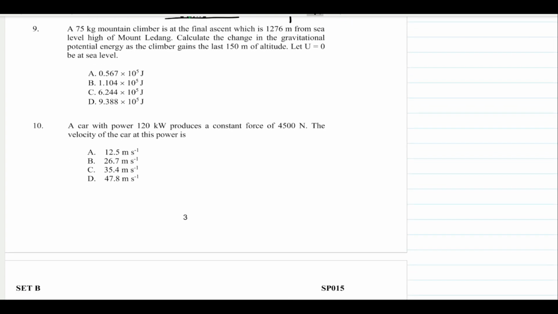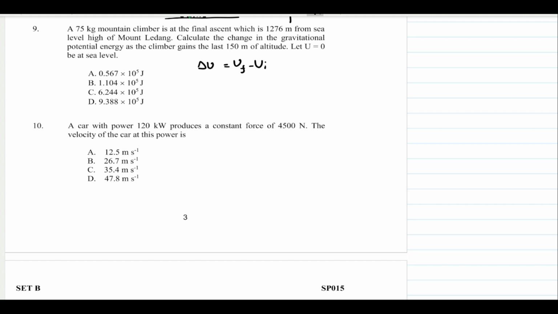And then next, we have a 75 kg mountain climber at the final ascent, which is 1276 meter from sea level, height of Mount Ledang. Calculate the change in the gravitational potential energy. So here we want to calculate delta U, where delta U is equal to U final minus U initial.